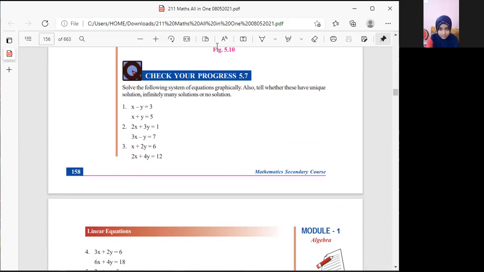For example, when we make the graph and we get one point of intersection of two lines, when we get just one point, we will say it has a unique solution. That means it has one solution. We can also have more solutions, I will show that example to you also.